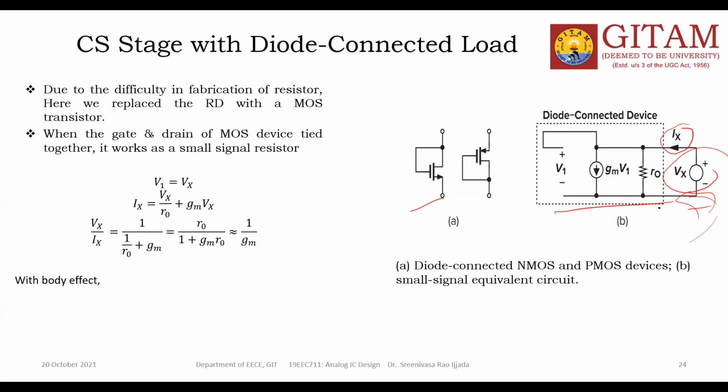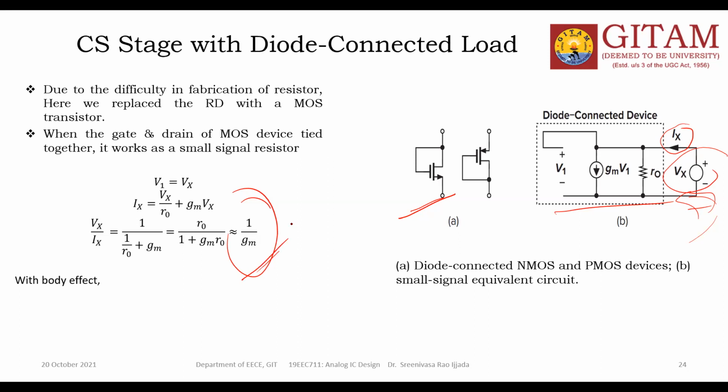What is the resistance value we got? 1 by gm. Whatever the load resistor, we don't know the value. Earlier its value is RD. RD is in kilo ohms. Now, in place of RD, we took this connection. So with this connection, it offers this much amount of resistance.